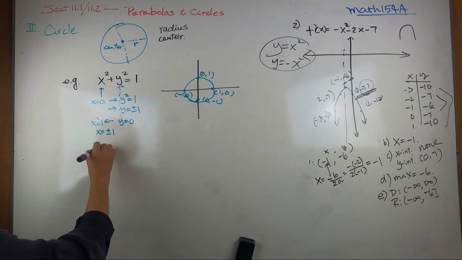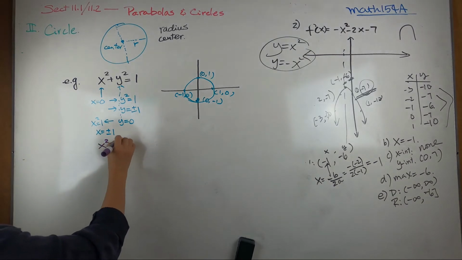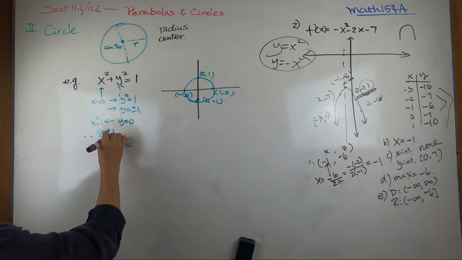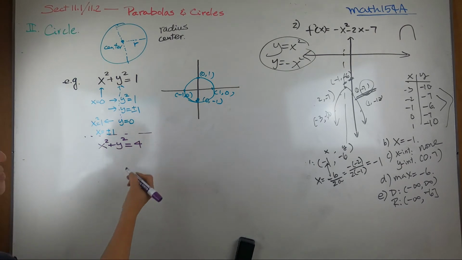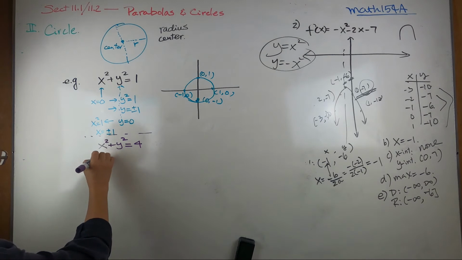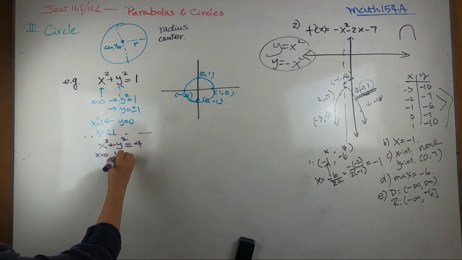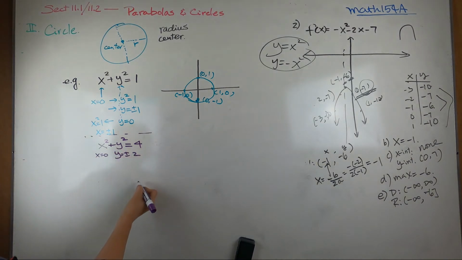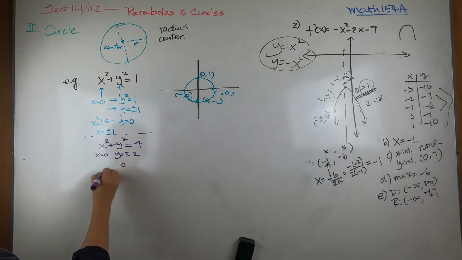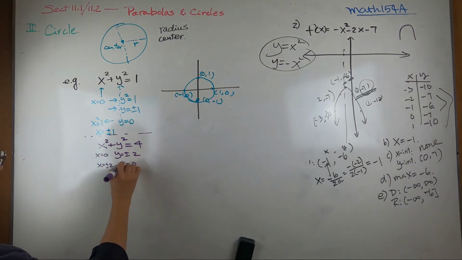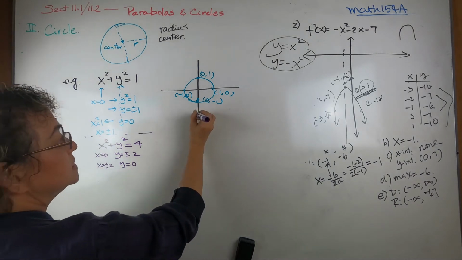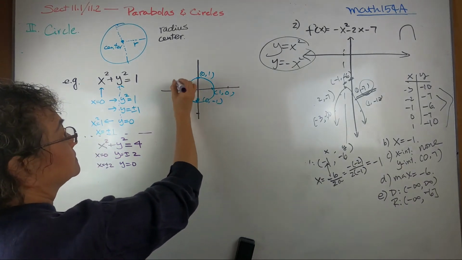So if you have x squared plus y squared equals 4, just use good numbers. What happens? When x is 0, y would be what? Plus or minus 2. When y is 0, x would be what? Plus or minus 2, right? So it ends up like this.